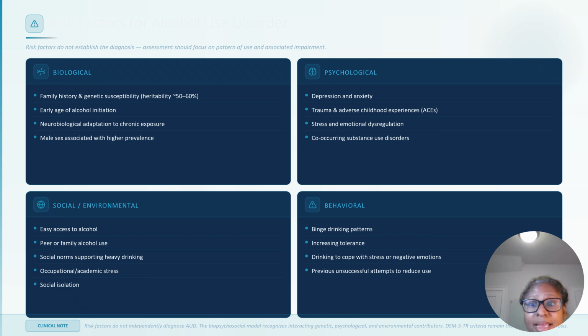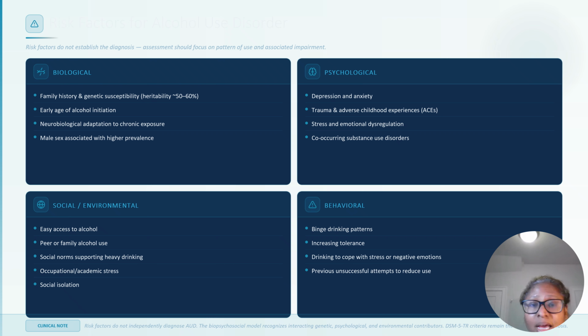Then early age of alcohol initiation, whether it's teenagers, young adults, even some children get that first exposure very early. Neurobiological adaptation to chronic exposure, meaning that your body is used to drinking. And men have a higher prevalence of alcohol use disorder.